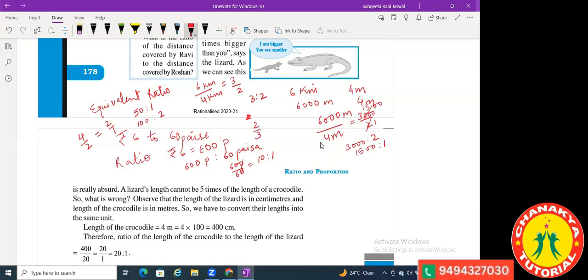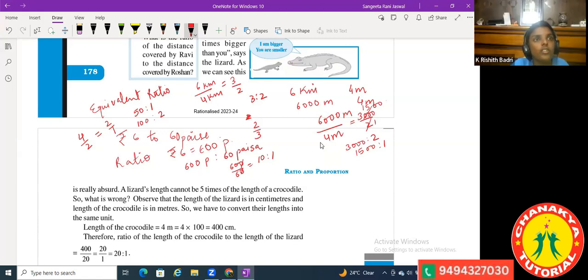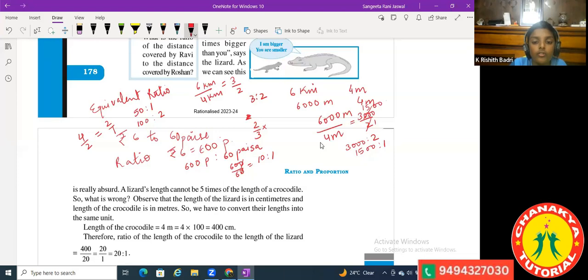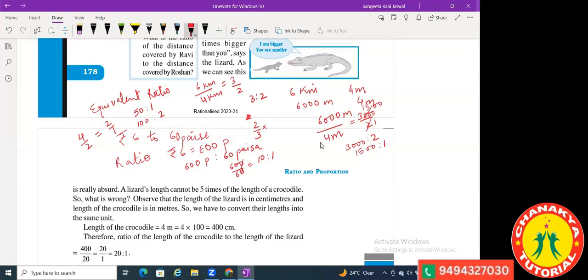if I'm writing 2 is to 3, can you find two equivalent ratios of 2 is to 3? Ma'am, 4 is to 6. 14 is to 21. Good.